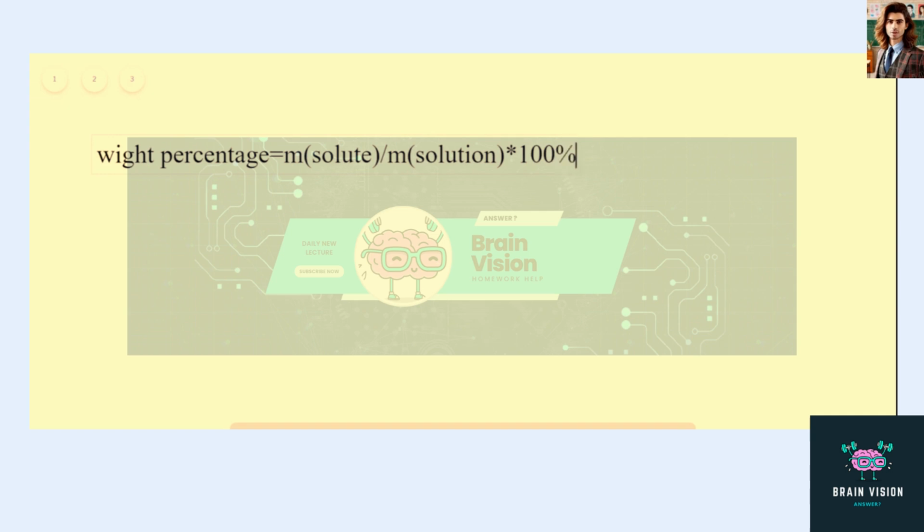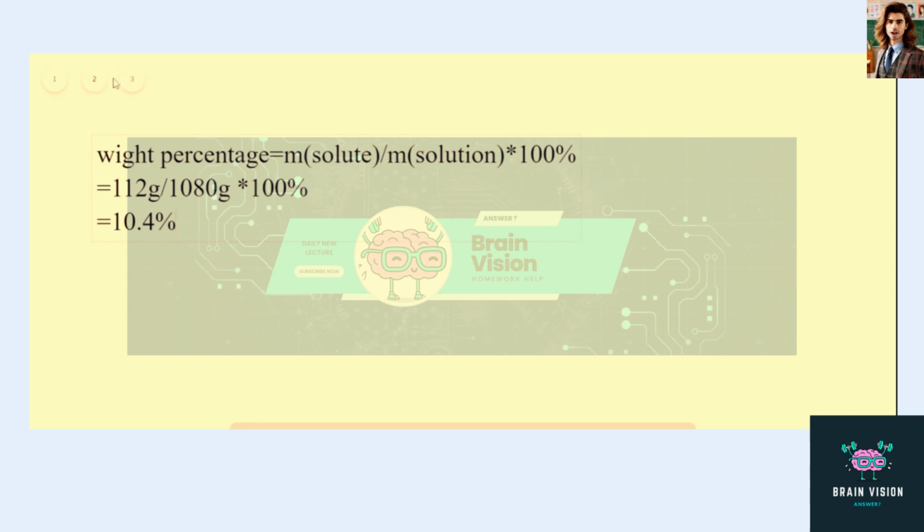We know that the mass of NaCl is 112 grams. The mass of our solution is 1.08 kilograms; actually, let's convert it to grams, so it will be 1080 grams. We multiply this whole thing by 100%, and we end up with the weight percentage of the solution being 10.4%.